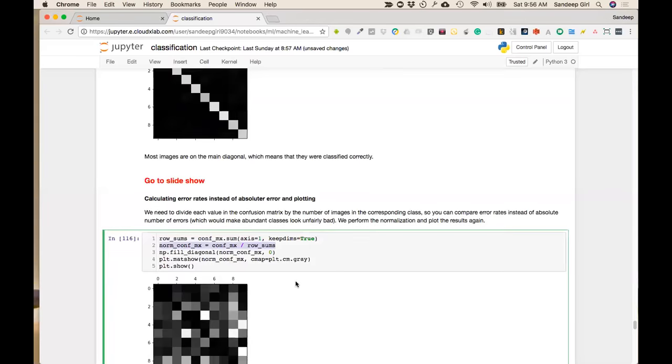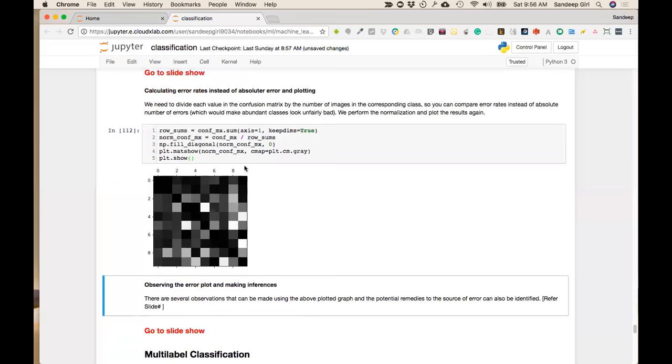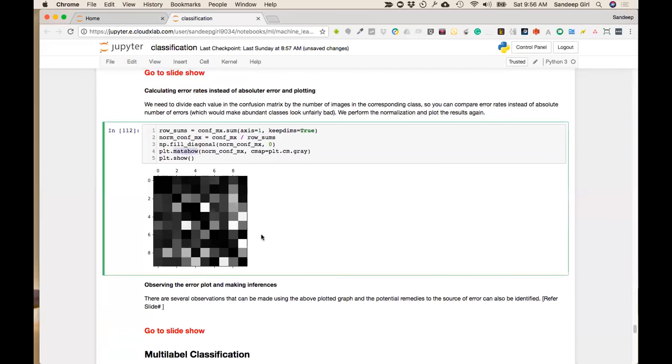Okay, so we are basically computing the sum of all the values in each row, and then dividing each number by the sum. Okay, that's what we are doing. So you can see that. Also, we are removing the diagonal. We have replaced the diagonal with 0.